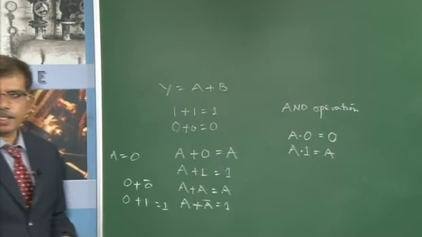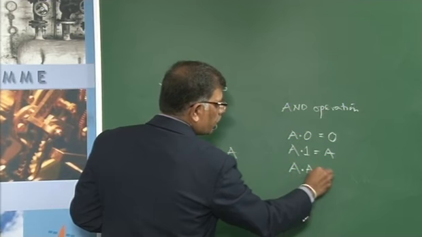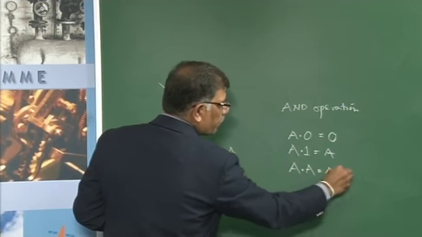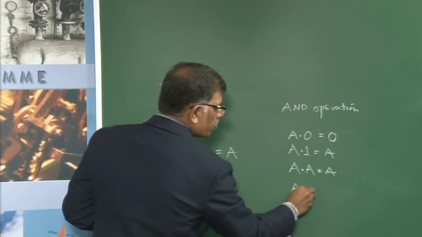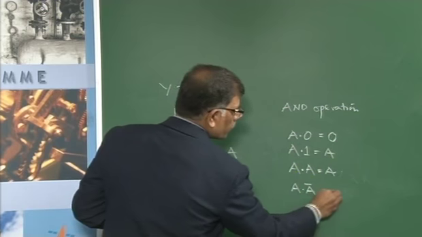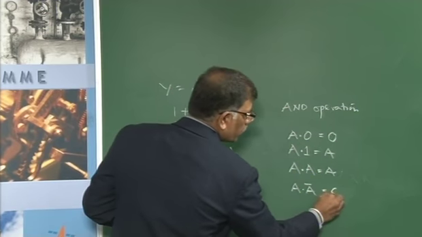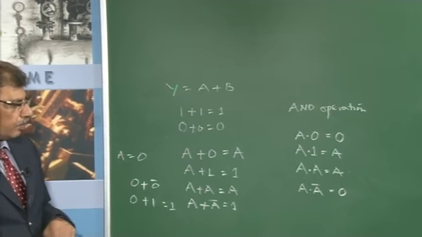Another one is a dot a, the same logical variable, so I will get a. Another one is a dot a complement, where the output is nothing but 0. If I multiply by the complement, I will get 0.